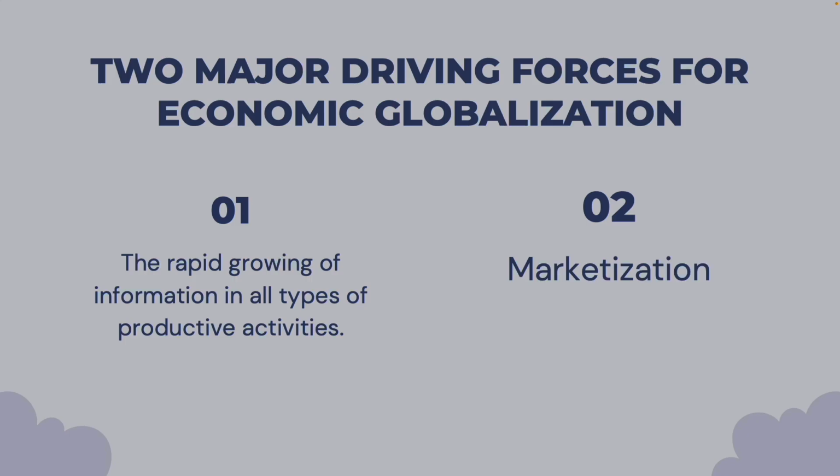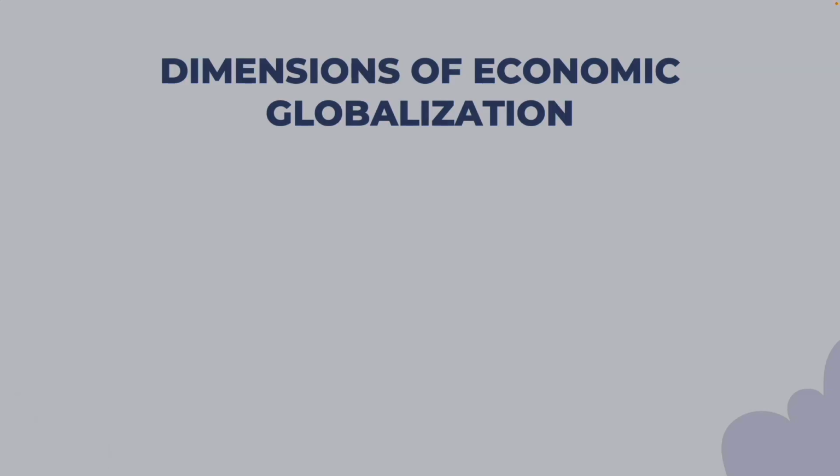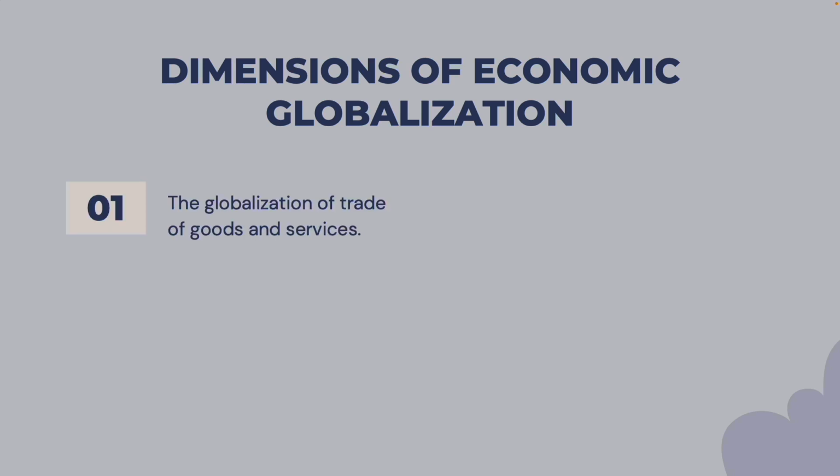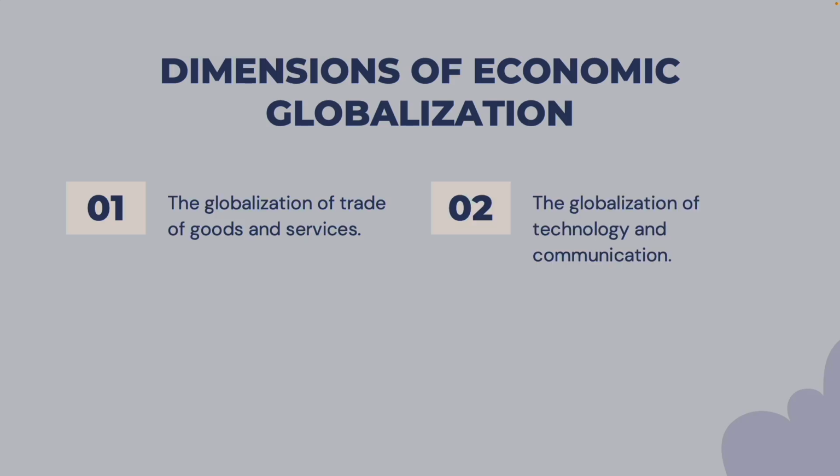Got it. And the material breaks down how we see this globalization happening into specific dimensions, right? Yes, it outlines four main dimensions. First, there's the globalization of trade, that covers both goods and services moving across borders. Pretty straightforward. Then second, the globalization of technology and communication. That links directly back to that first driver, the information flow.